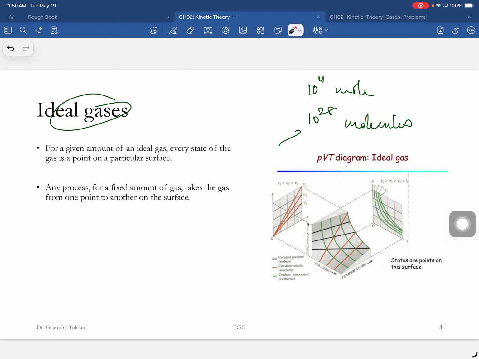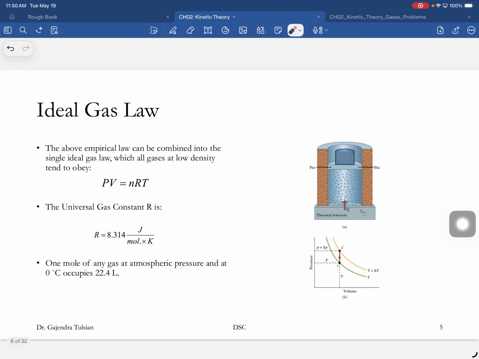For instance, at constant volume, if you increase the temperature, you're moving the gas along that line. At constant temperature, if you're increasing the volume, you're moving the gas along that line.